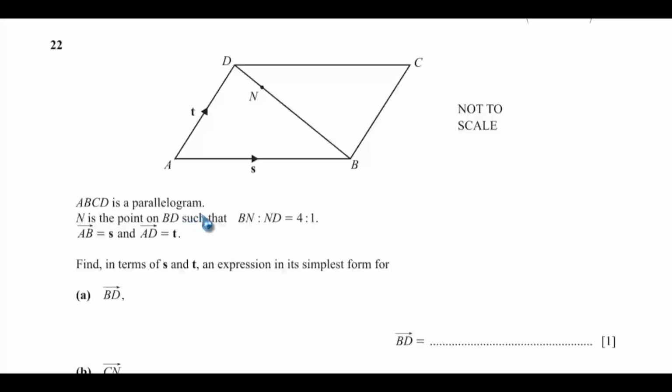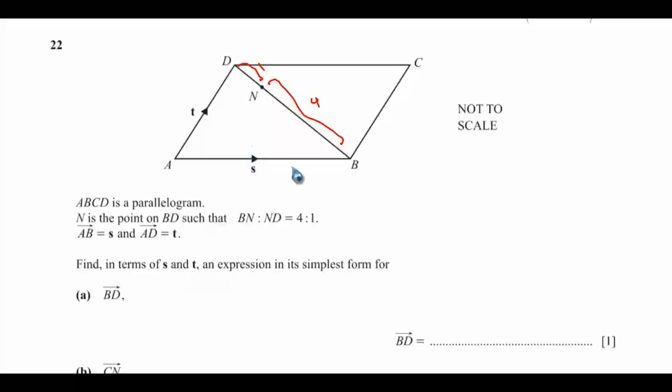ABCD is a parallelogram, N is the point on BD, such that BN ratio ND is 4:1, that is something like this. This will be 4:1 here. So AB is equal to S and AD is equal to T. Find in terms of S and T an expression in its simplest form for BD.